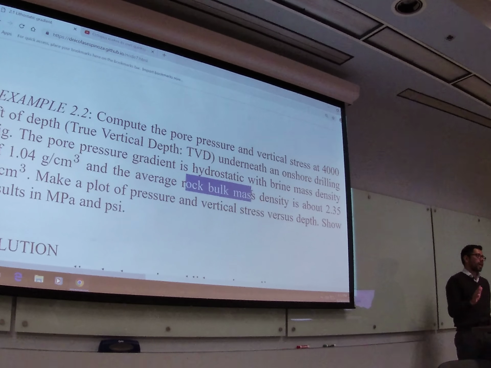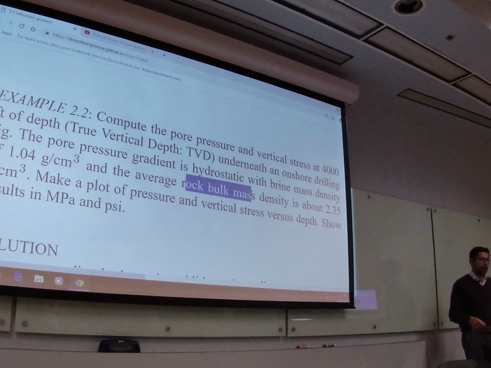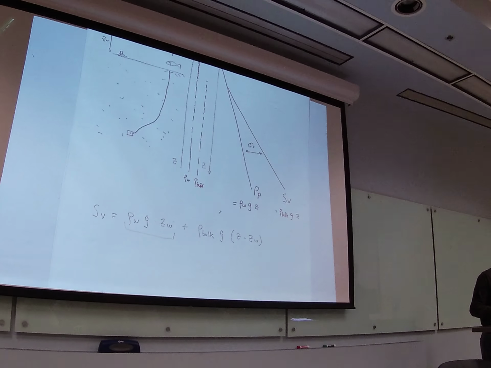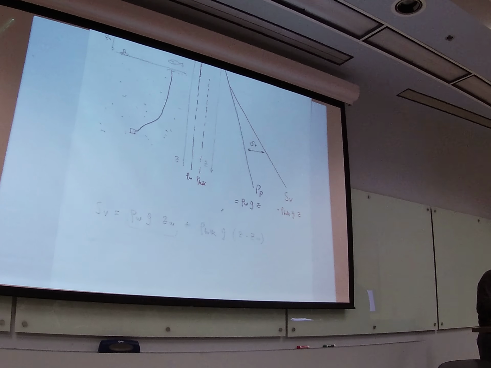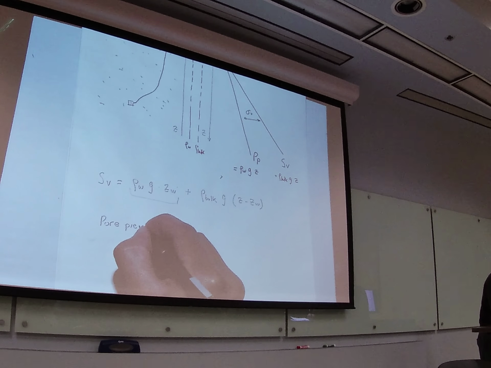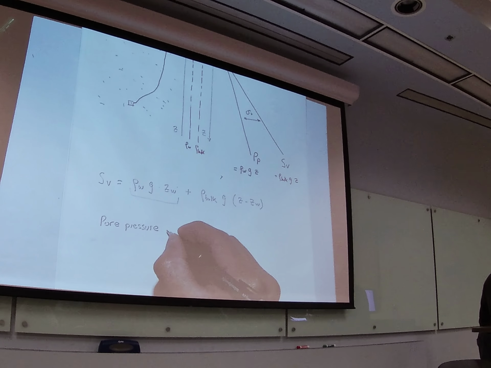So, as you start working on this problem, I'd like you to remember very well 4 numbers. And they're easy to remember. Let me switch quickly over here. Hydrostatic pore pressure gradient.